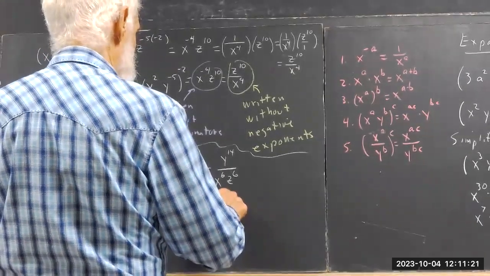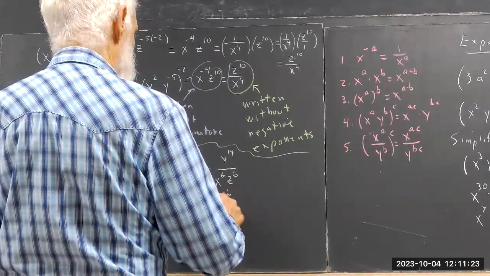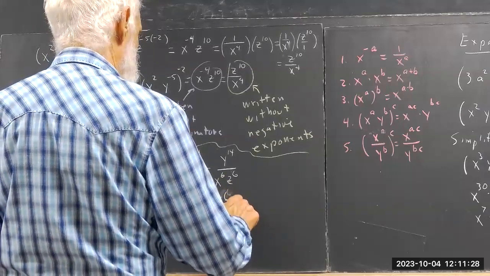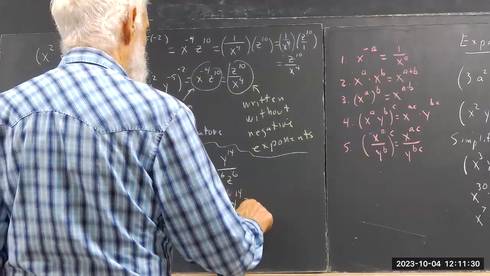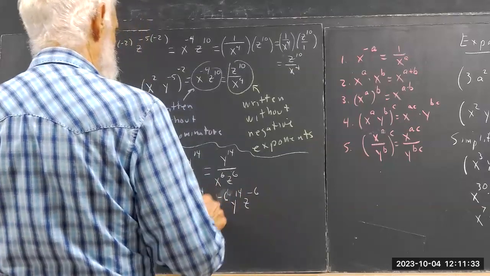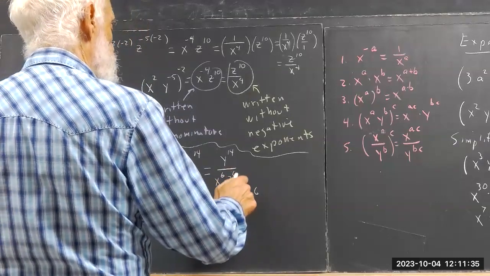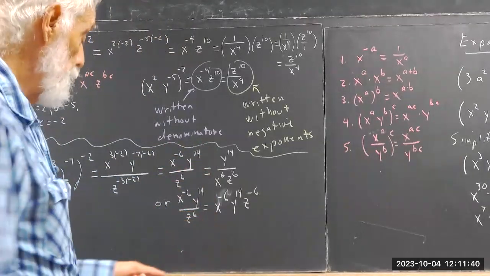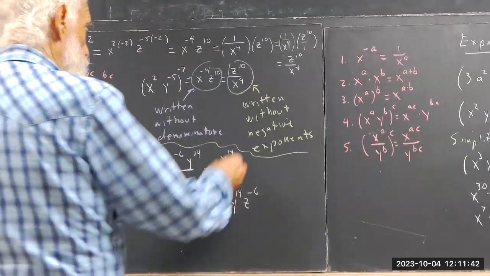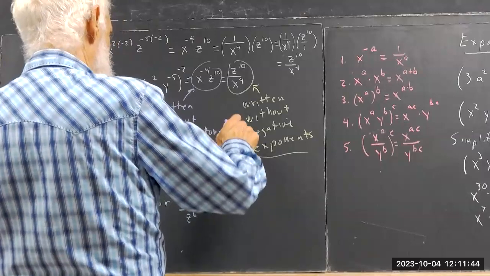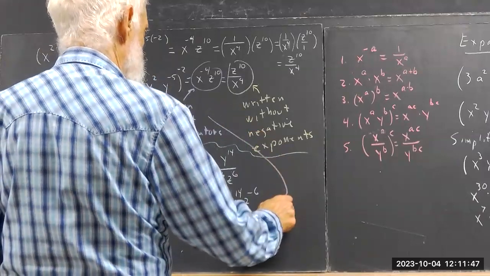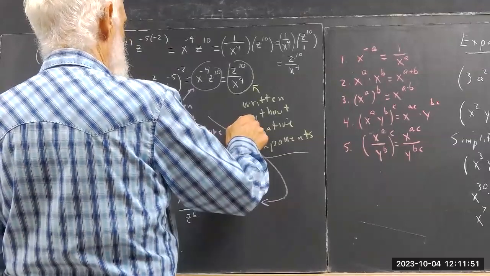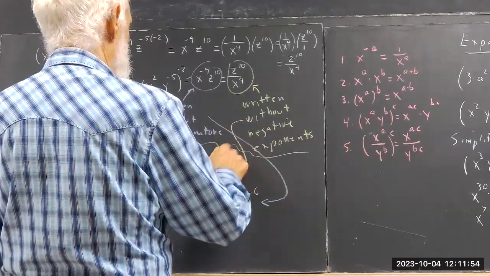So we have x to the -6, y to the 14th, z to the -6. Both of these are valid. This is without negative exponents, and this is without denominators. So without denominators, we have this. Without negative exponents, we have this.